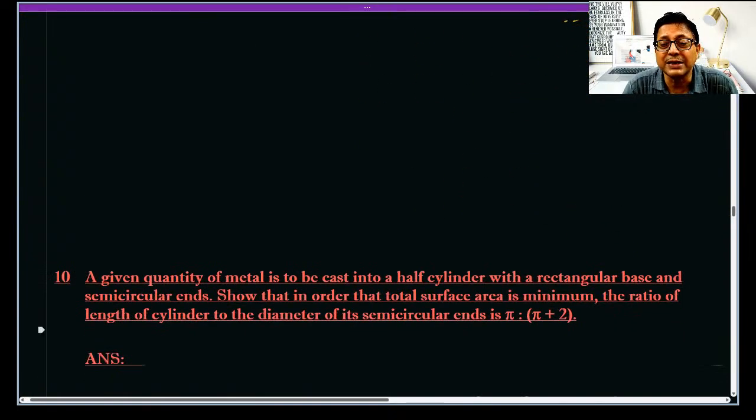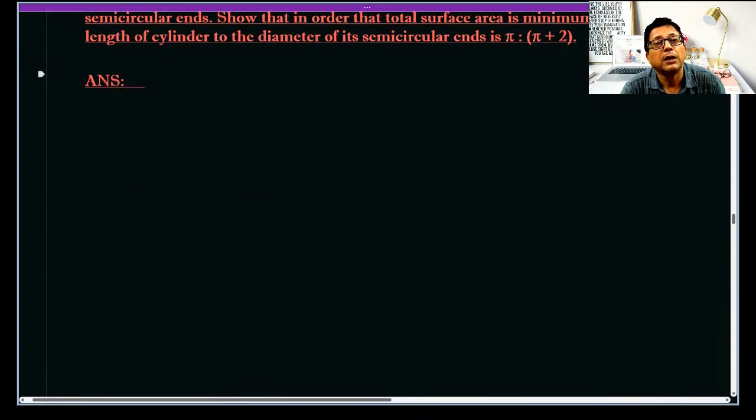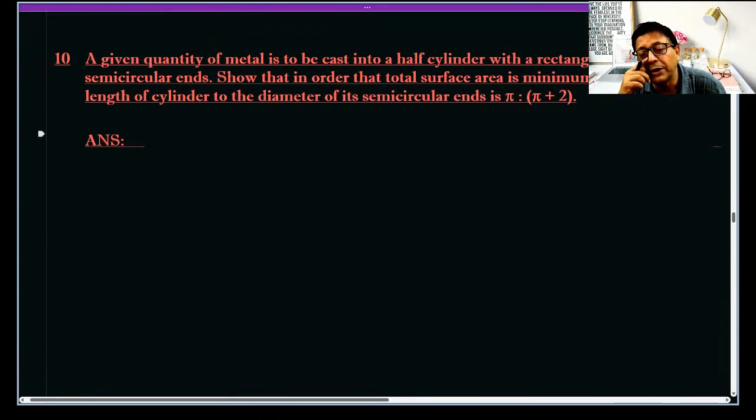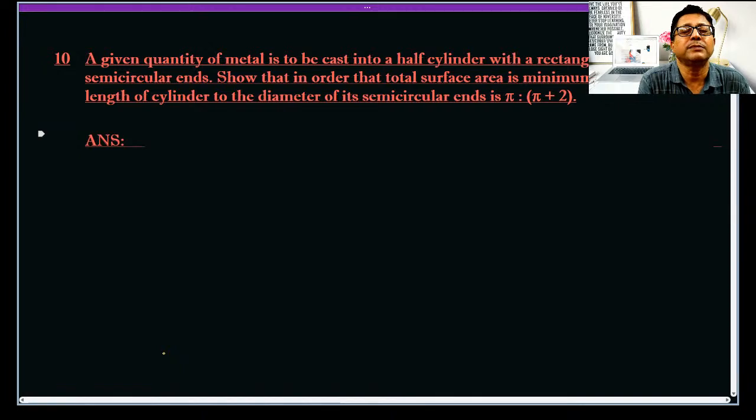Let us go for the next one. A quantity of metal is to be cast into a half cylinder with a rectangular base and semicircular ends, so that the total surface area is minimum.